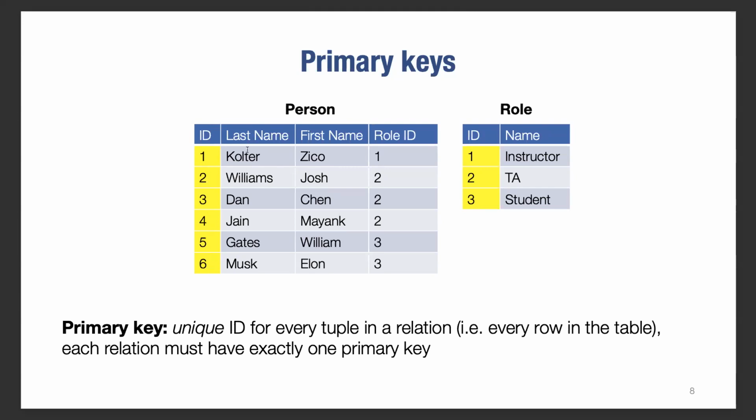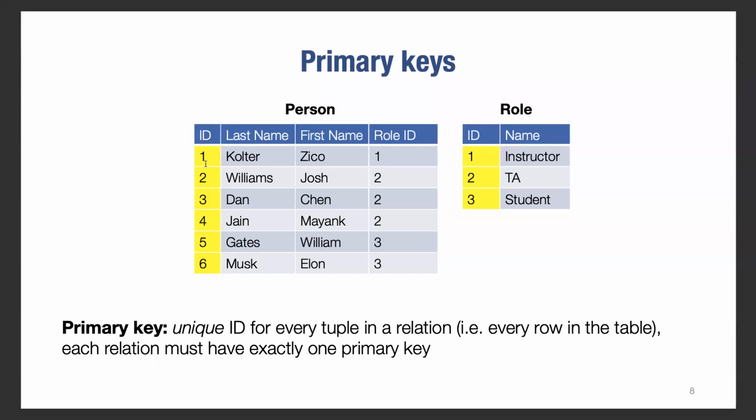So now we're looking at primary keys, right? We have said that this ID is a unique identifier. A primary key is any attribute, any feature of a relation that helps us identify each record uniquely. The primary key is a unique feature that you can use to identify each separate record in a relation.